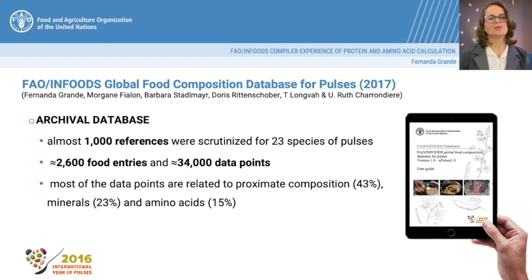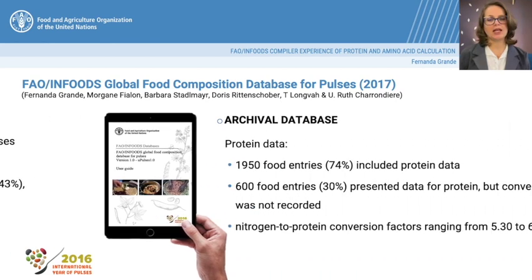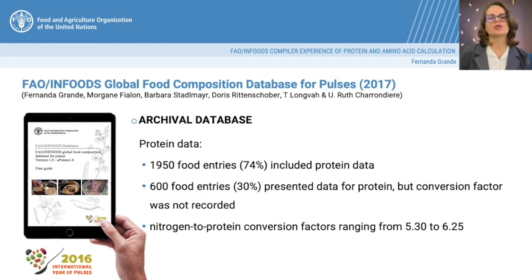As expected, most of the compiled data refers to proximate composition. Since protein is usually analyzed as part of the proximate composition, 74% of the food entries compiled included data for protein, the majority referring to nitrogen analysis. There were no data for protein calculated based on the sum of amino acids, and for a few foods, the analytical method was not precisely described in the original publications.